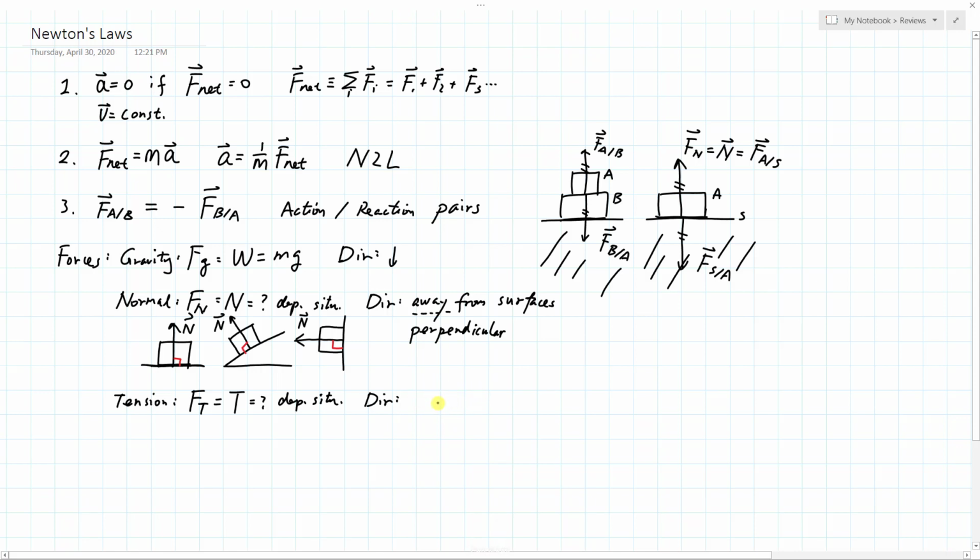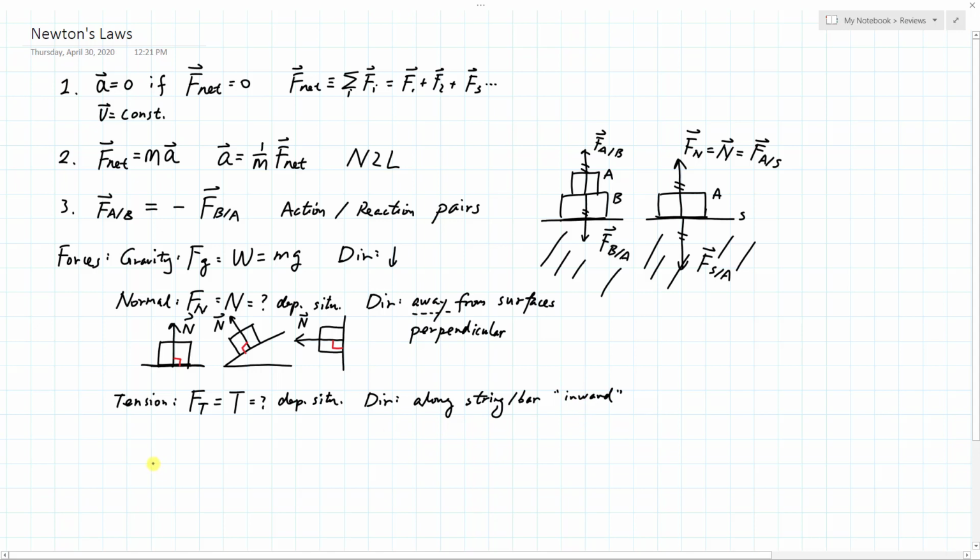Direction is along the string or bar or rope, kind of inward. It really depends, so let's draw some situation here.